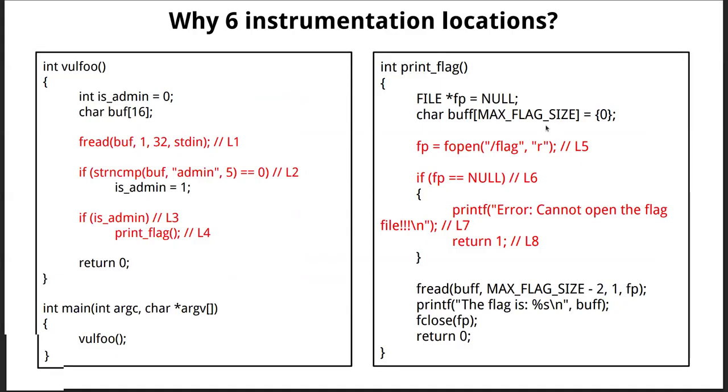Go back to the source code again. Now, I marked several locations here. I marked 8 locations. Let's go through each of them and decide whether you think we should instrument it. We are going to instrument the branches, where branch means it has multiple targets.